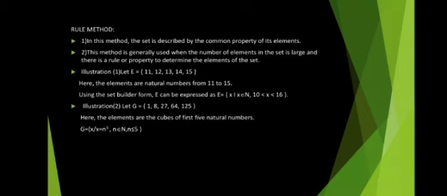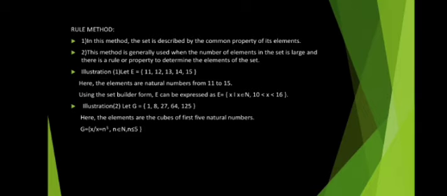Example number 1: set E = {11, 12, 13, 14, 15}. Here the elements are natural numbers from 11 to 15. How do we write this in rule method? Set E = {x | x ∈ N, 10 < x < 16}. The straight line is read as "such that".